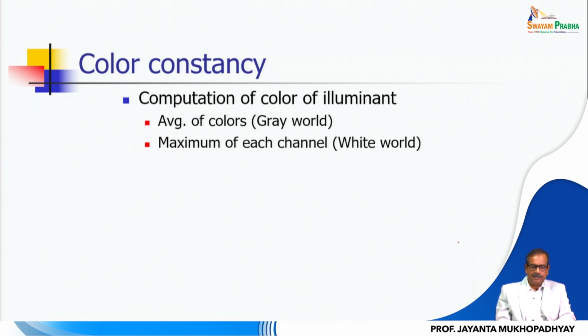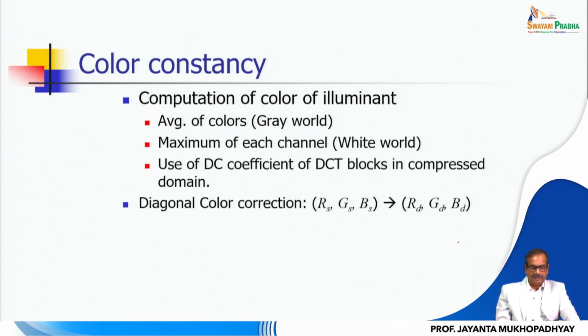For the color of the illuminant, the average of colors can give you one kind of estimate of the illuminant, which is the gray world assumption, or the maximum of each channel, which is the white world assumption, and you only use the DC coefficients for that. For the color corrections, you use diagonal color corrections.